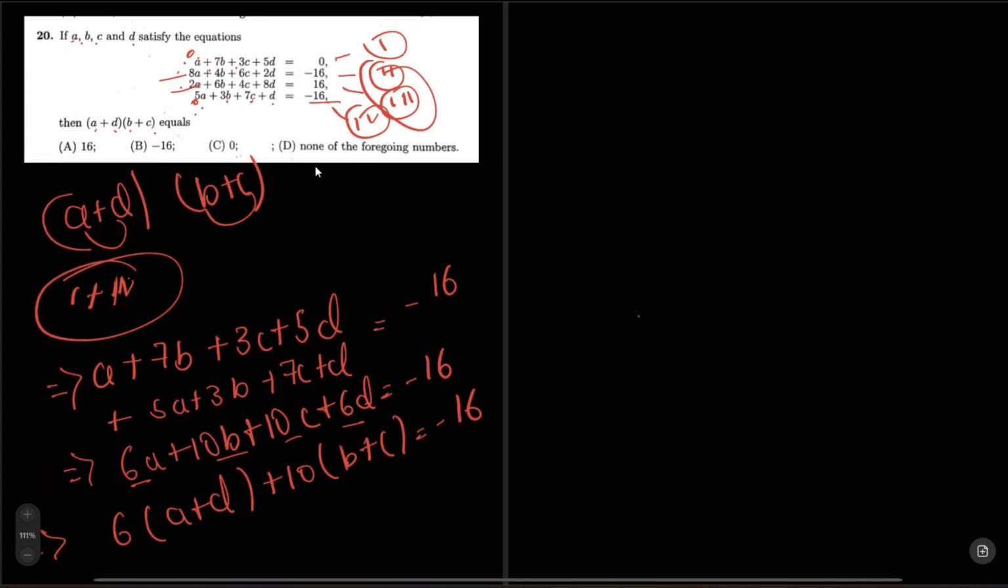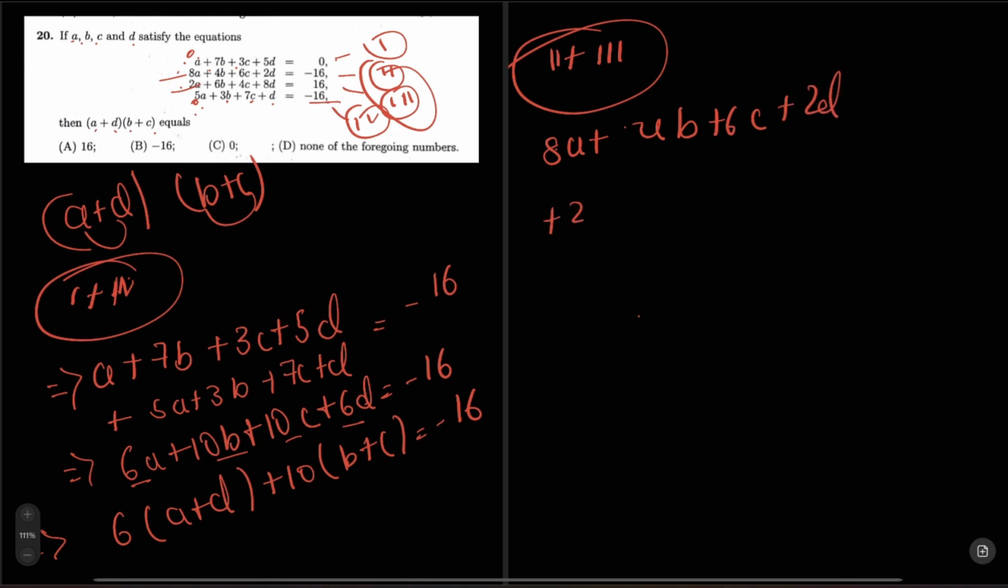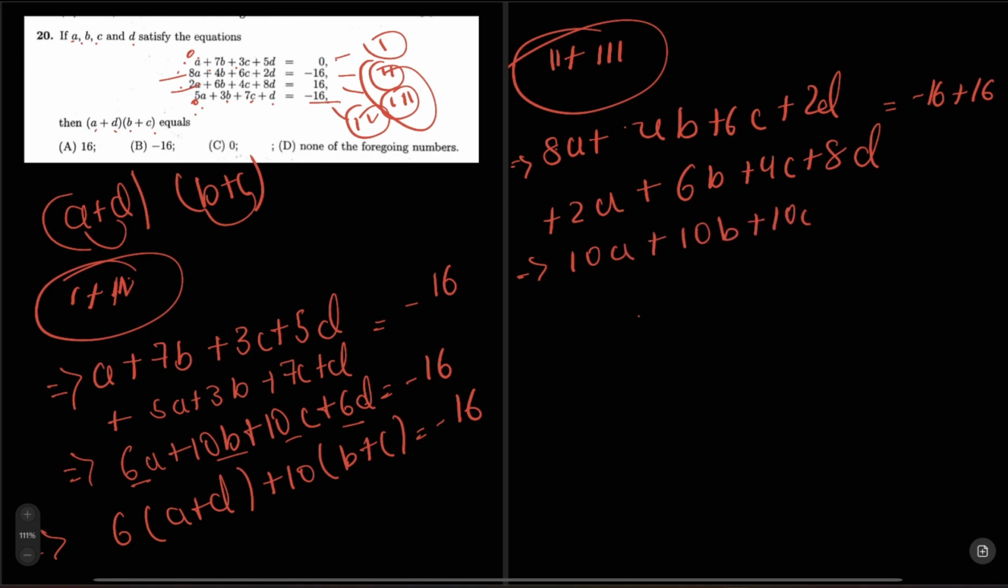Now try to find the relation between the third and second. Again, we can add the third and second equations. By adding, we see that 8a plus 4b plus 6c plus 2d plus 2a plus 6b plus 4c plus 8d equals minus 16 plus 16, which gives 10a plus 10b plus 10c plus 10d equals 0.